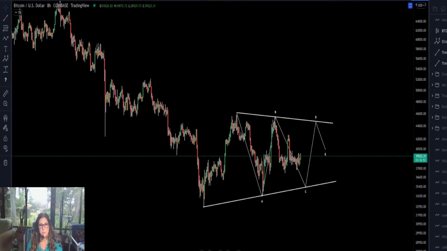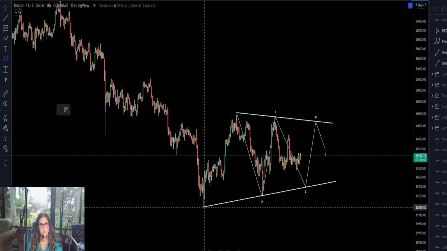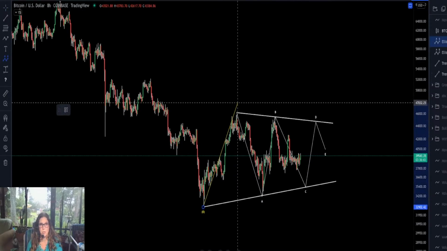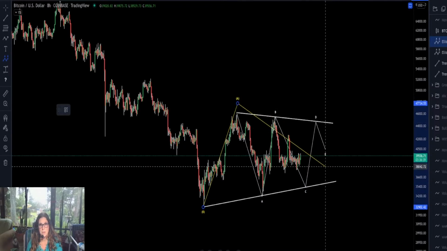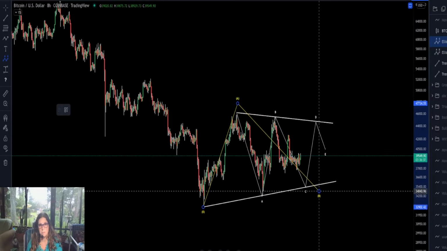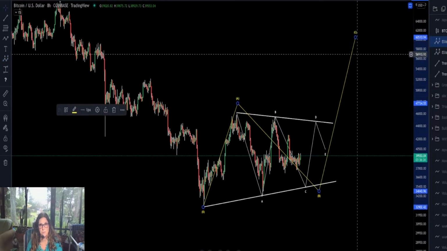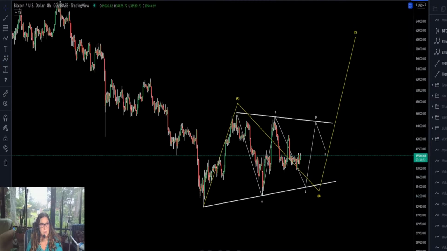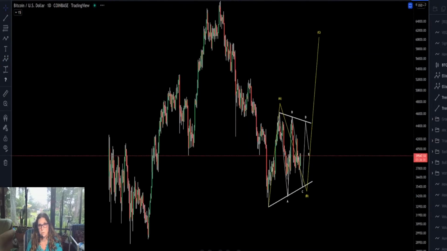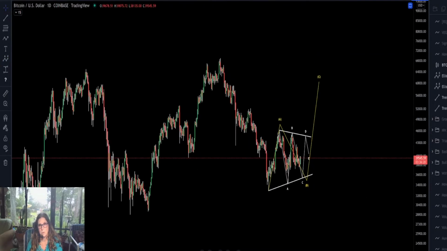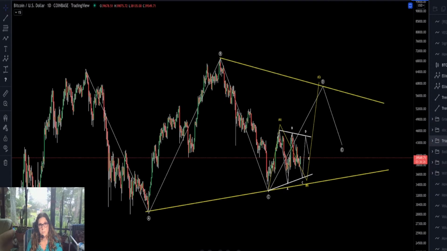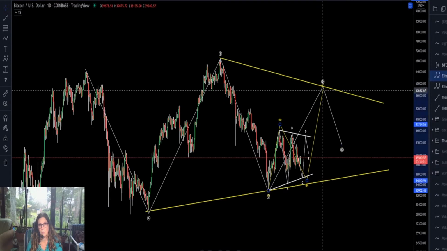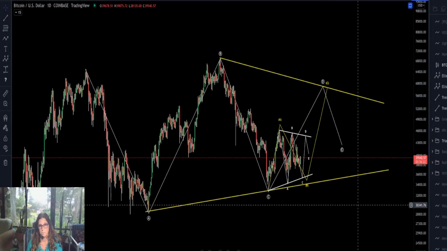So if it's going to be this triangle, what we really want to see happen is that we complete it first off, and two, that we use this leg as A, this whole triangle is B, and that we get up high enough to get up here for our running triangle.